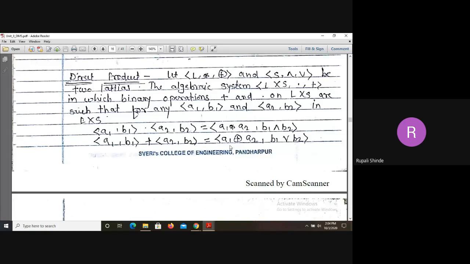So the result we will get is A1 XOR A2. B1, B2 are the elements of the second set, and the alternative operation for plus there is OR. So this result is B1 or B2. So this is the direct product of L and S. Are you getting this definition?